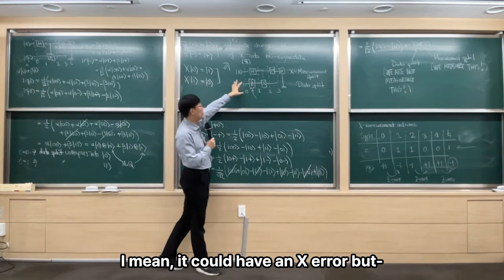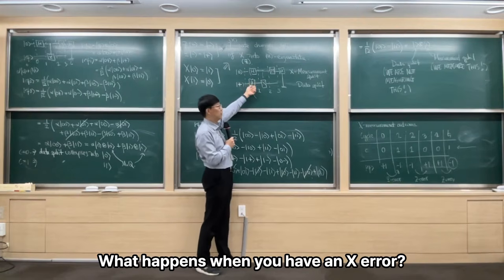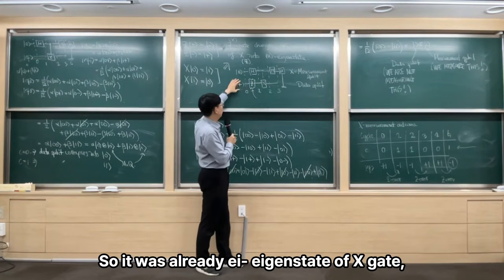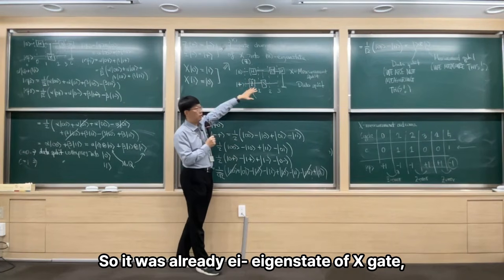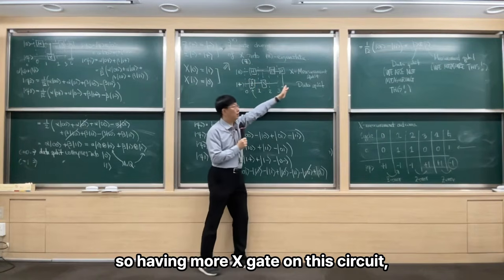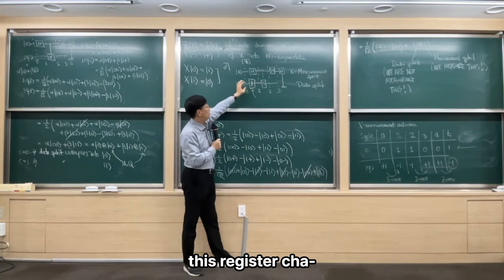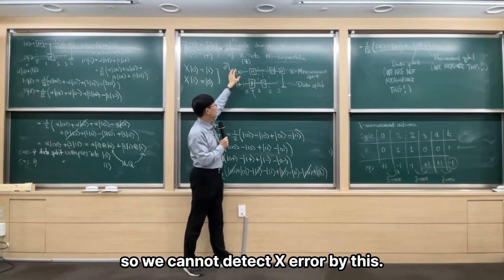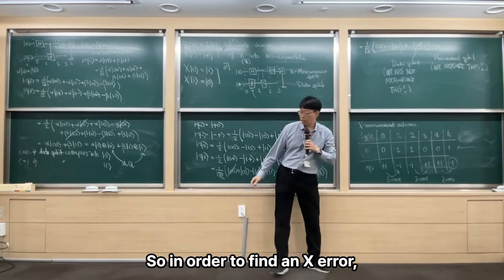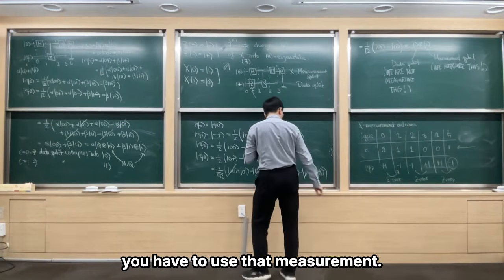It could have an X error, but what happens when you have an X error? An X error doesn't change the eigenstate. It was already an eigenstate of the X gate. So having more X gates on this register does not change the eigenstate. So we cannot detect an X error by this. So in order to find an X error, you have to use Z measurement.